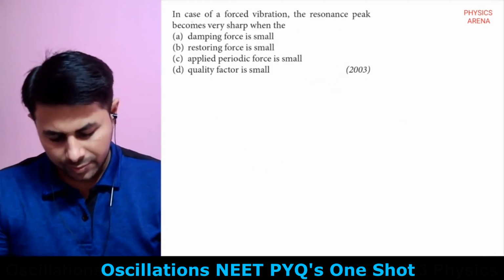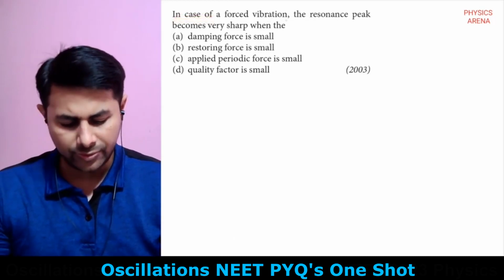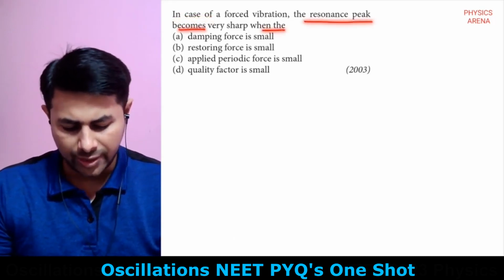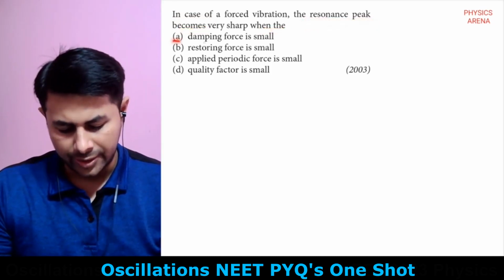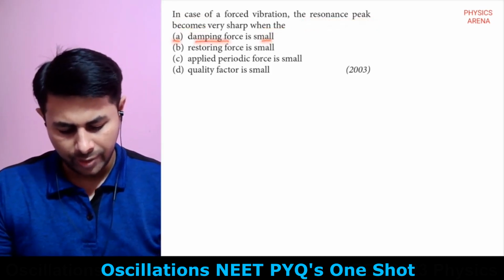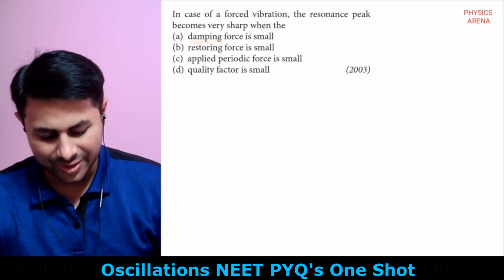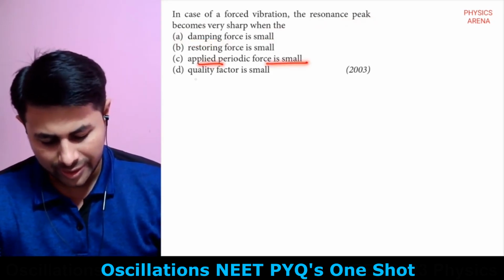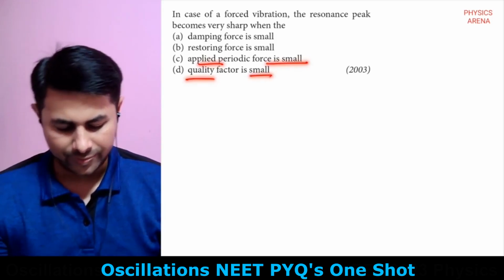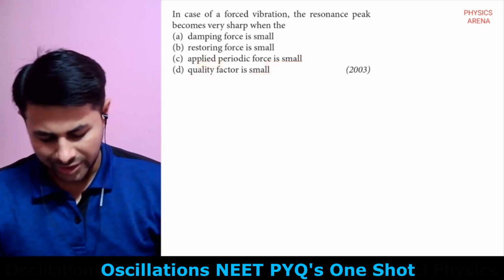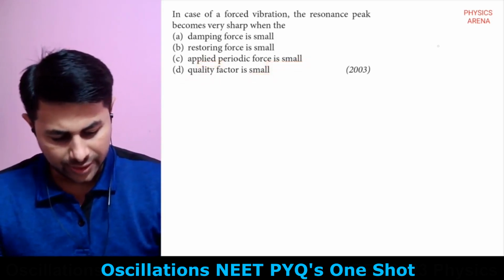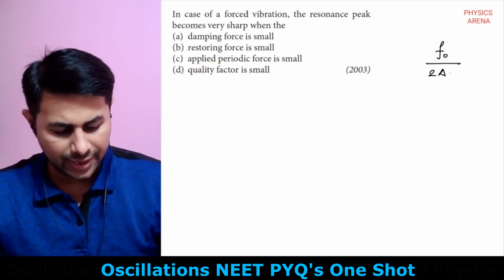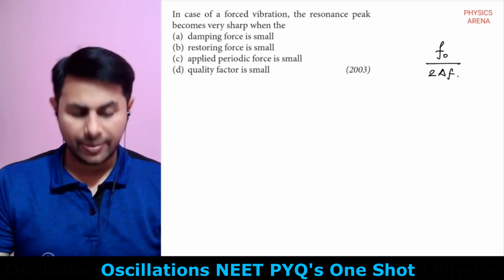Next question. In case of a forced vibration, the resonance peak becomes very sharp when: option A, damping force is very small; damping force is small, restoring force is small, applied periodic force is small, and quality factor is small. So what is quality factor? Actually, it is F naught divided by 2 times delta F. What is delta F?